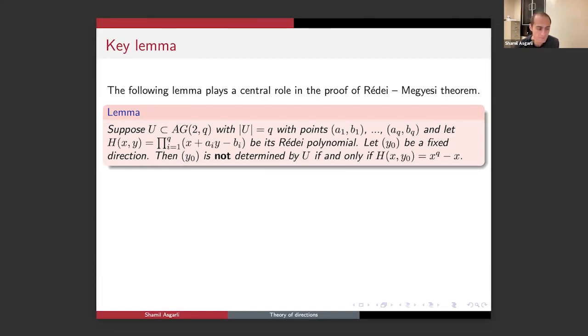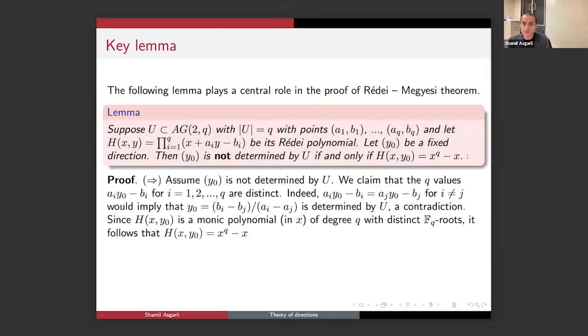When you pick a direction that is not determined by the point set, then when you specialize the Rédei polynomial at that y0, it becomes a polynomial of one variable. And what this theorem says is that it becomes this particular polynomial, x to the q minus x. Very interesting result.